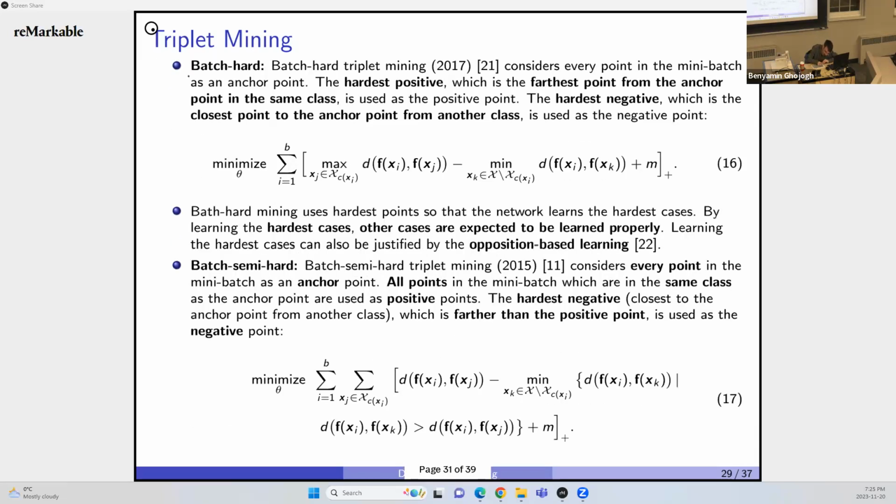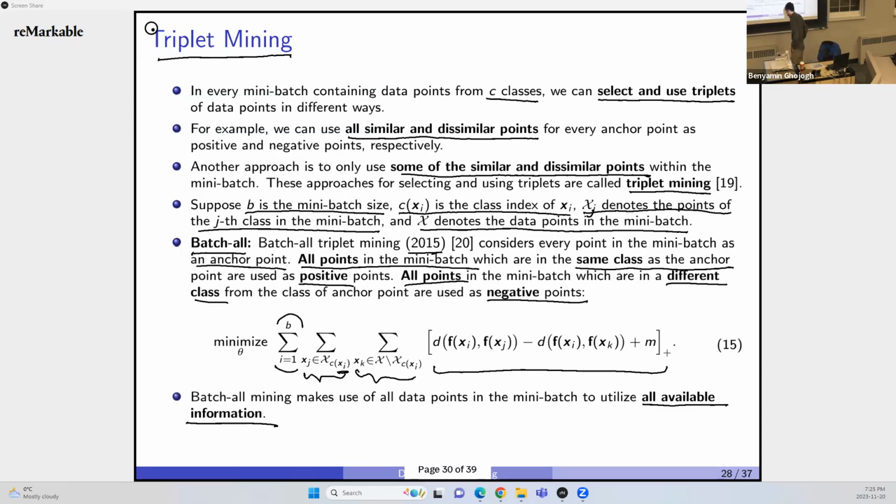Batch hard. Each of these is a paper, right? Batch hard triplet mining was proposed in 2017. So what does it do? You tell me without looking. Assume I have candidate positives, anchors, and negatives.